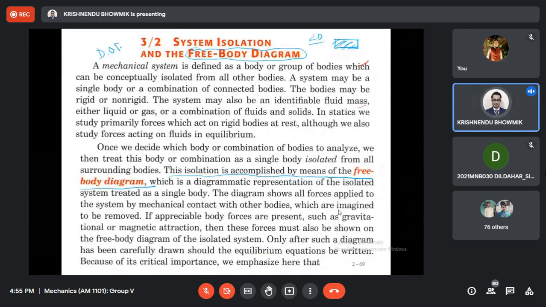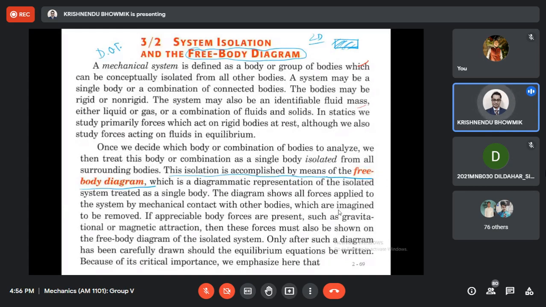Now there are three main types of supports. When you remove the supports, they should be represented by the corresponding reaction forces, which we call reactions from the support. The first is the roller support, where only one reaction force acts, normal to the support on which the roller rests.